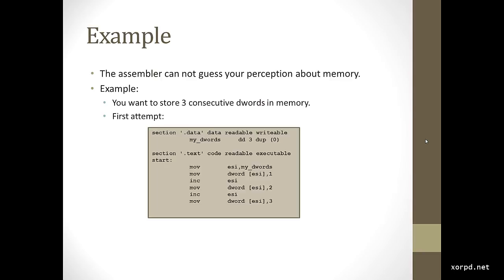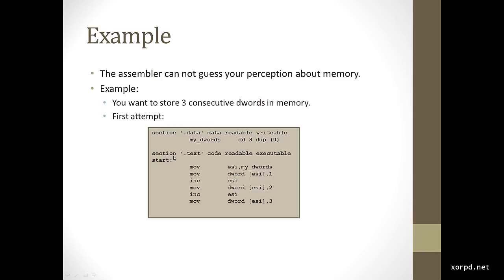Let's assume that you want to store 3 consecutive D words in memory. This might be your first attempt if you have never used memory at all in any of your programs. Let's look at this program. It has this data section which contains this label, MyDwords, which points to 3 D words of the value 0.